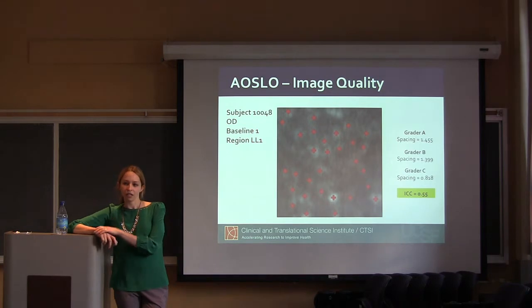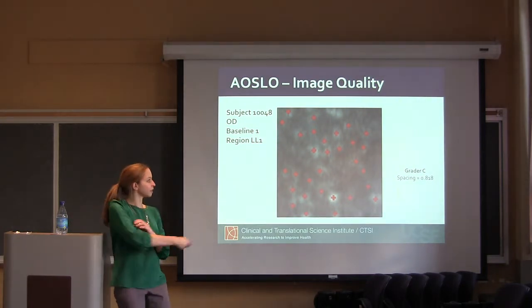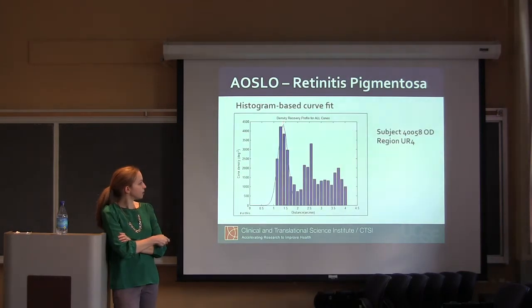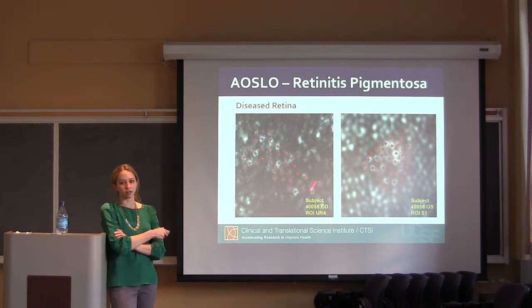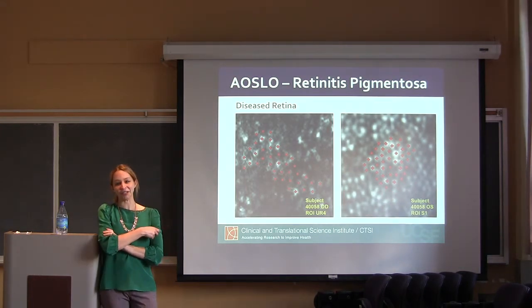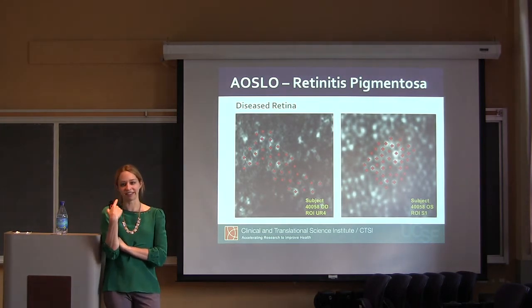And the image quality of this particular view, will all the other views in that same eye have similar qualities? Not necessarily. Like the example I showed a while ago, this frame was not great, but this frame was okay. This is the same eye. It has to do with the machine looking at different parts of the retina.